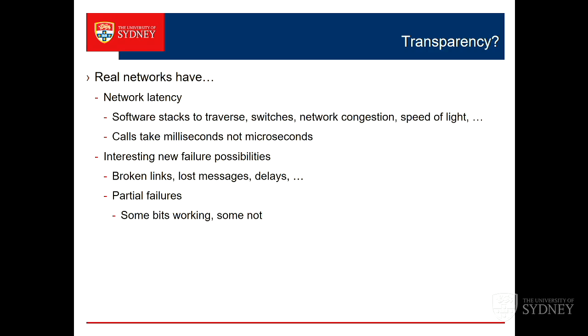If I start doing that remotely, that's going to really hurt. And all types of interesting new failures. I can have lost messages, messages can be delayed, messages can arrive out of order. Because if I send 2 messages to you, 1, 2, they might go via different paths in the network, and they might arrive in a different order to the order I sent them in.